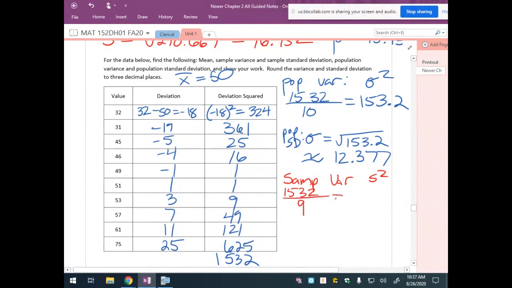Boom! That will be 170.222, or 0.2 repeating. Sample standard deviation: 13.047.